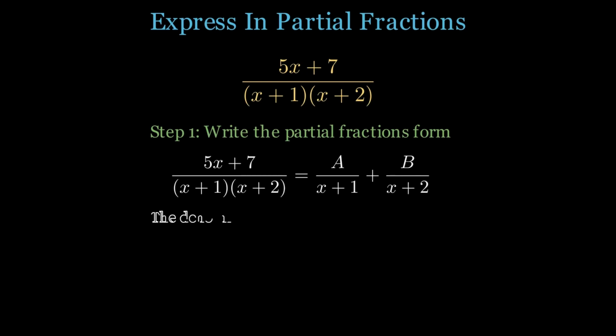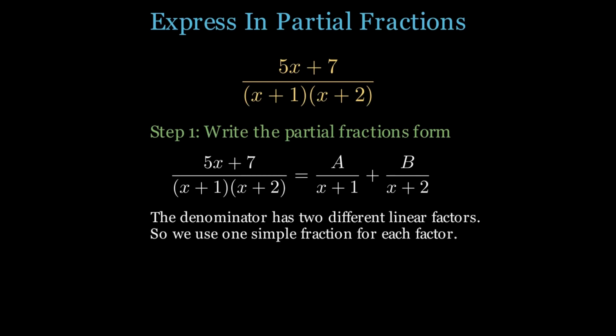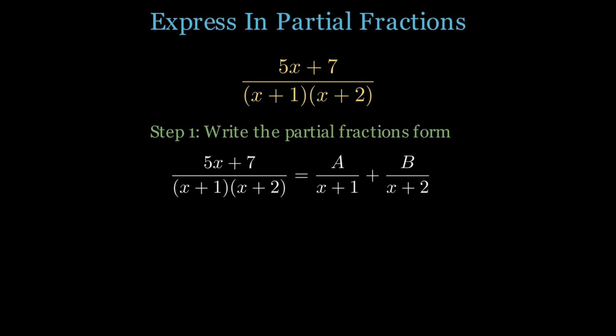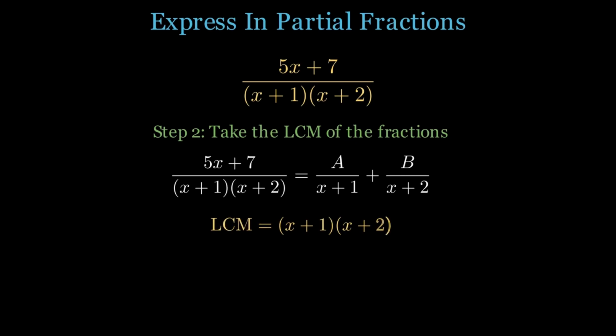Then we go ahead to get the LCM. The LCM in this form is going to be the denominator of the parent fraction, which is (x + 1)(x + 2).